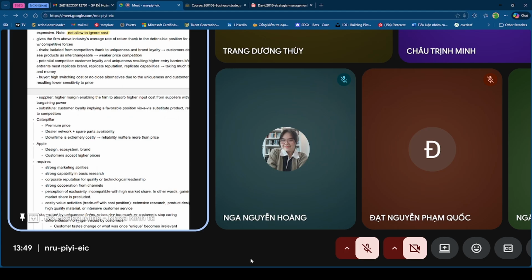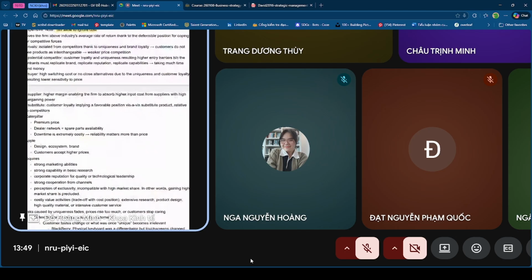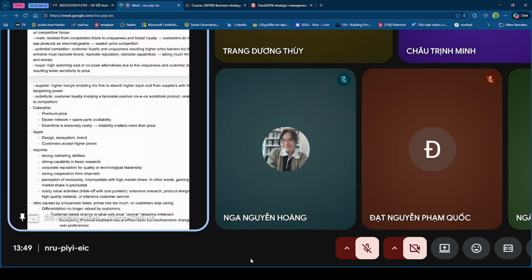But it doesn't matter because the customer really cares about the brand, not only the price. So it helps to reduce the intense rivalry between your firm and competitors.